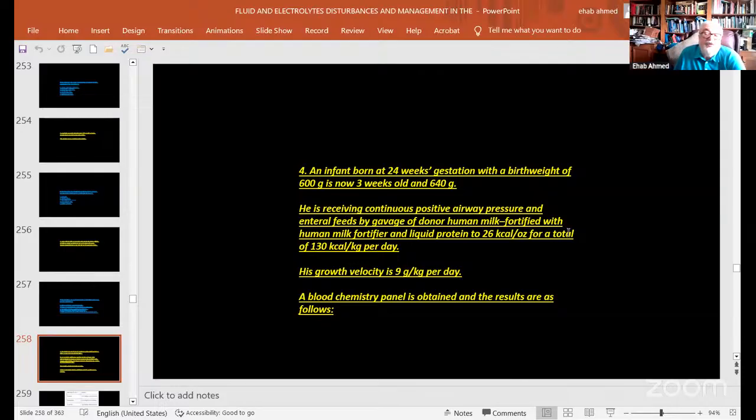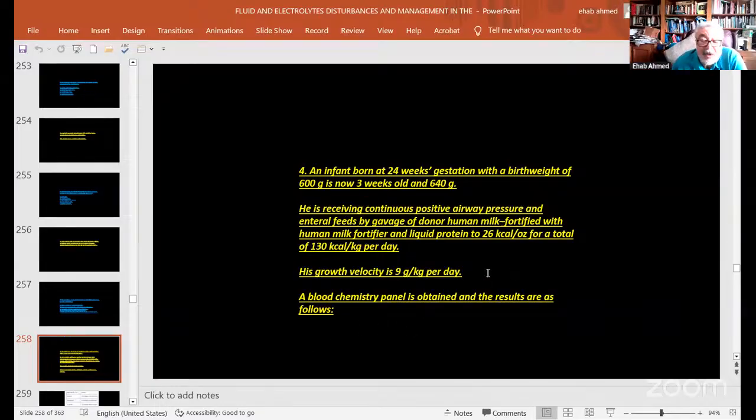Okay, number 4. An infant born at 24 weeks, birth weight is 640 grams, receiving CPAP, enteral feeds by gavage, donor breast milk fortified with human milk fortifier, liquid protein, 26 kilocalories per ounce for a total of 130 kilocalories per kilogram per day. His growth velocity is 9 grams per kilogram per day.